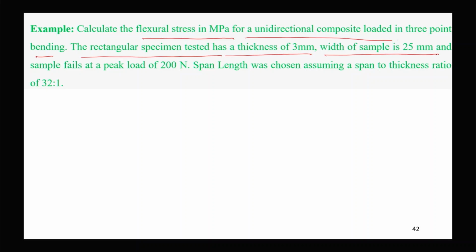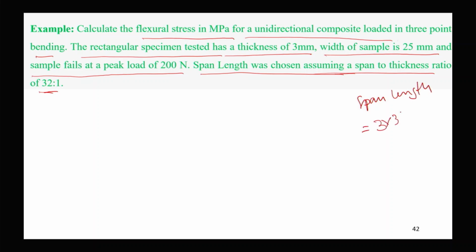Width of the sample is 25 millimeter and the sample fails at the peak load of 200 Newton. Assuming a span to thickness ratio of 32:1, the span length will be 3 multiplied by 32, which is 96 millimeter.